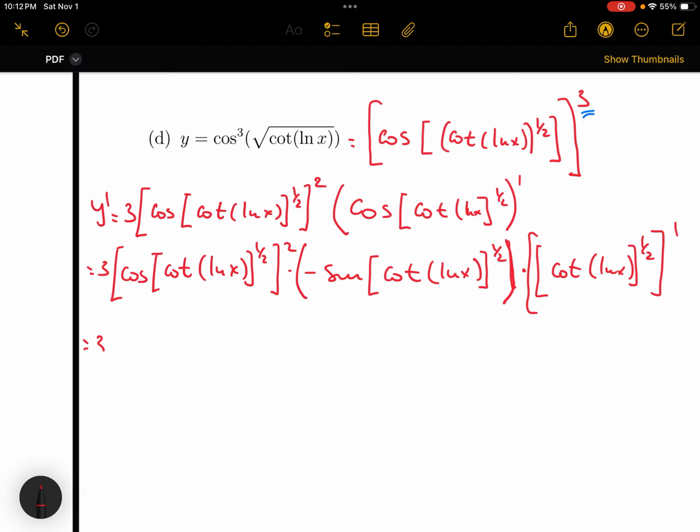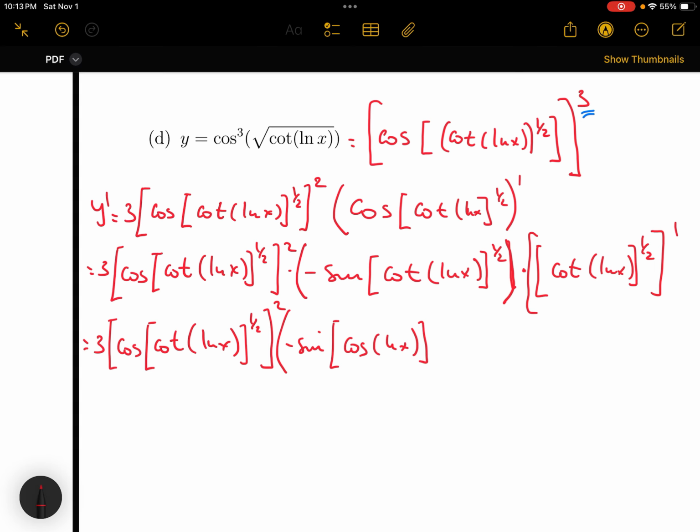Okay, so I have 3 times cosine of cotangent of ln of x to power 1/2, squared, times negative sine of cotangent of ln of x, where the cotangent is raised to power 1/2, times derivative of cotangent, which is negative cosecant squared.